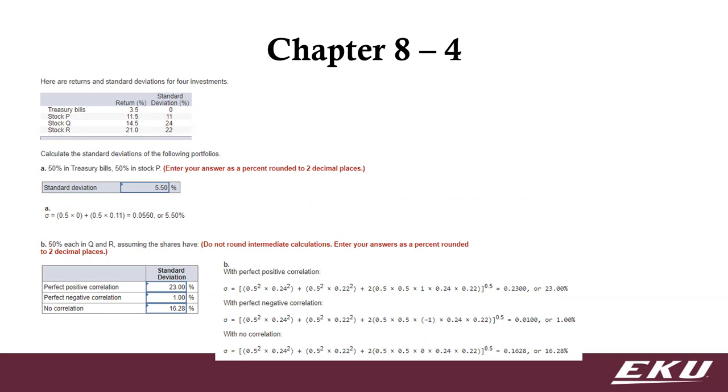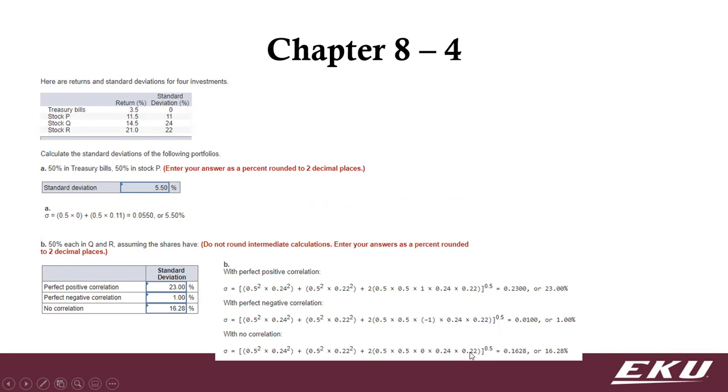And then what if we do 50% in Q and R, assuming that they're perfectly negatively correlated, then there is no correlation, meaning rho is equal to 0, right? And if you look over where the equations are written for B, with no correlation it looks like a term is missing, because that zero is going to make all of this go to zero.